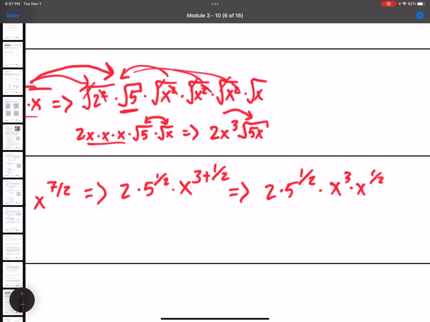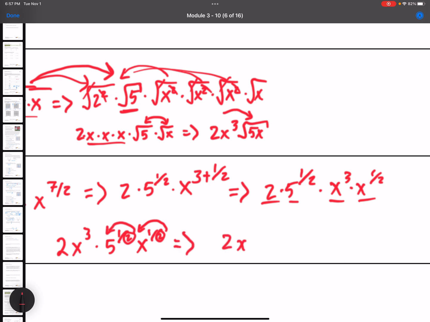Now I have 2 whole number exponents and 2 fractional exponents, so I should pair whole number exponents together and fractional exponents together. If they both have the same denominator, I can put them under the same radical. So it's 2x cubed times the square root of 5x.